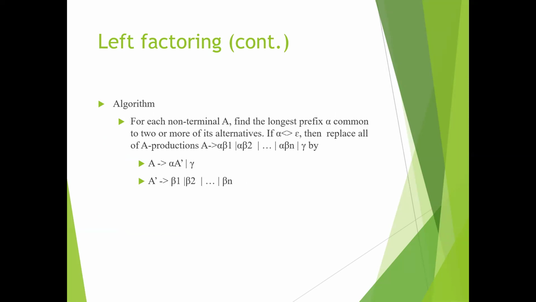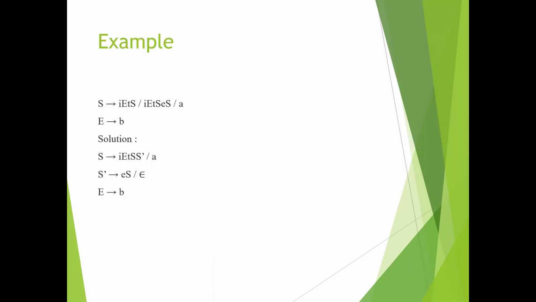Now with the help of this, we will see one example: S which produces IETS or IETS ES or A, and E which produces B. If you look at the grammar, there is a common prefix available, which is nothing but IETS.